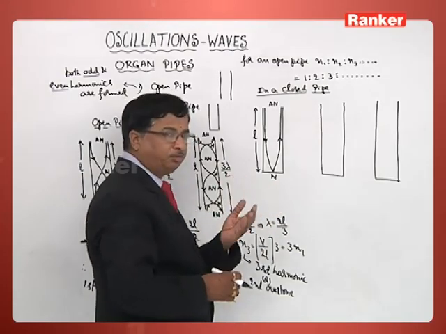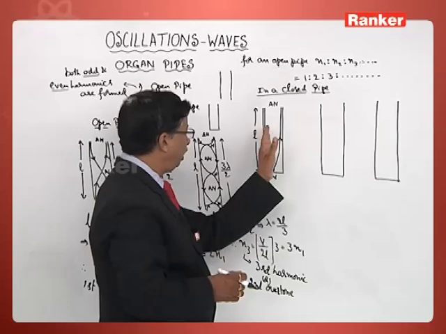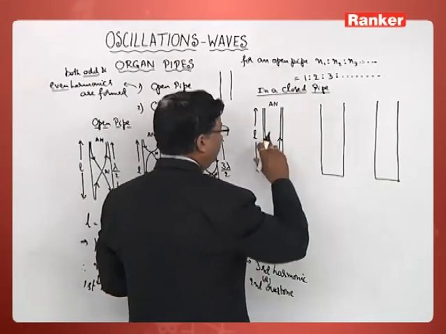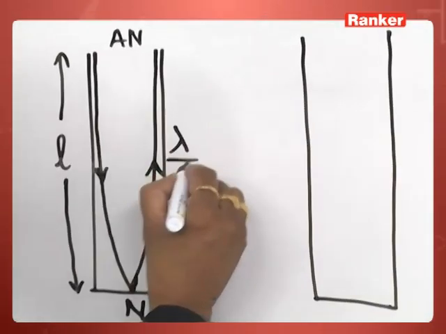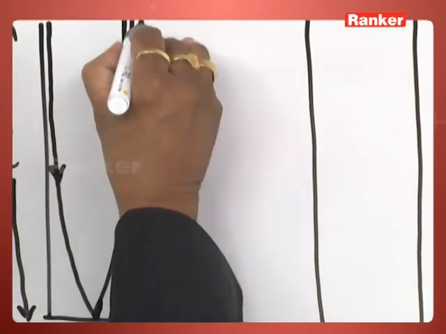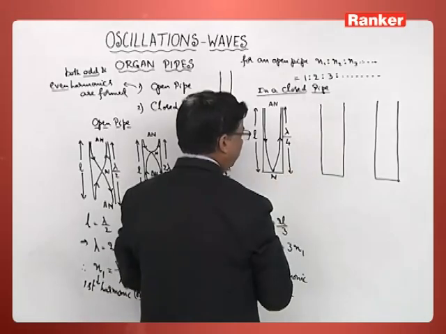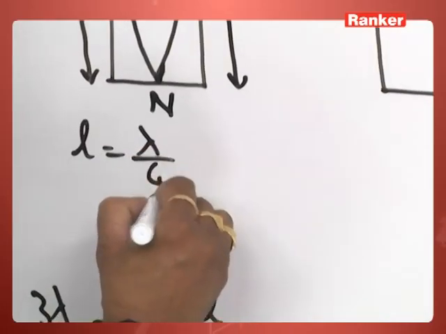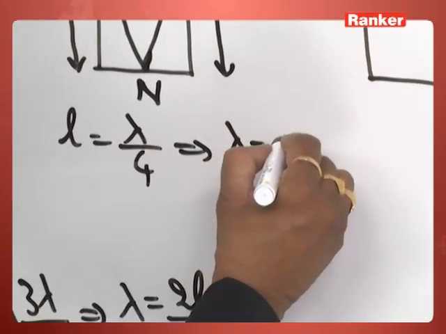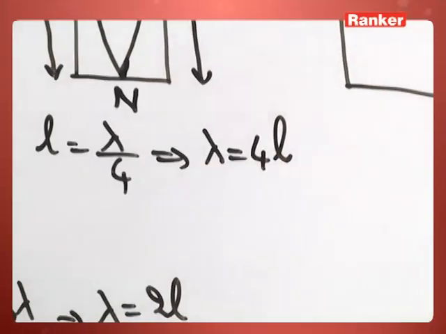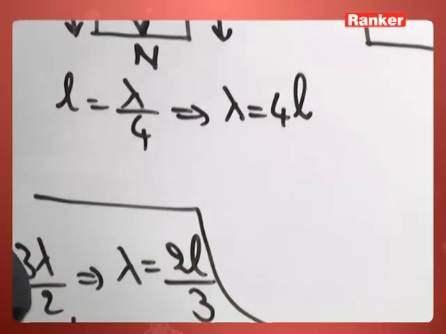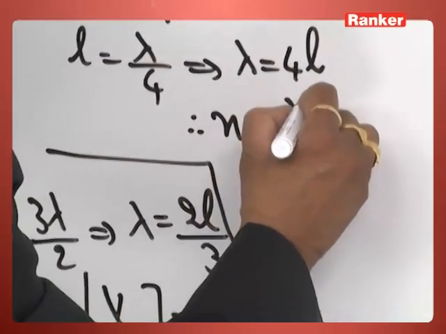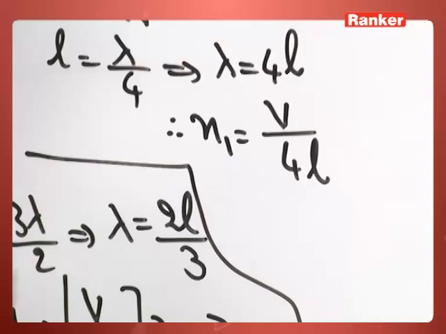Less than one node means no possibility for us to have a wave inside. So naturally the total length in terms of wavelength lambda we can write as lambda by 4. Then L is equal to lambda by 4. That means lambda is equal to 4L. When lambda is equal to 4L, what can we write as a frequency? It is V by 4L.